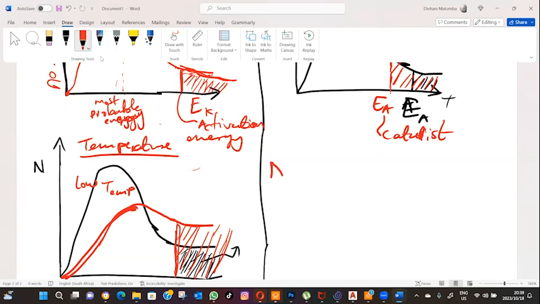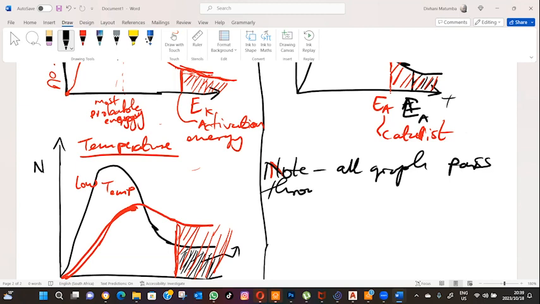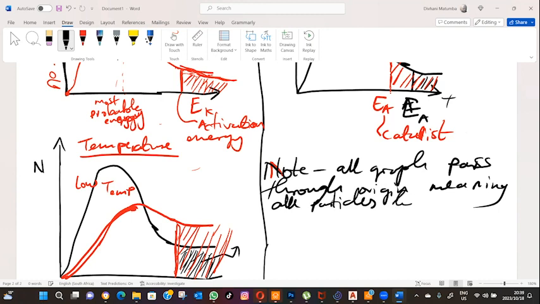And you must note that all graphs pass through the origin, meaning all particles have energy.